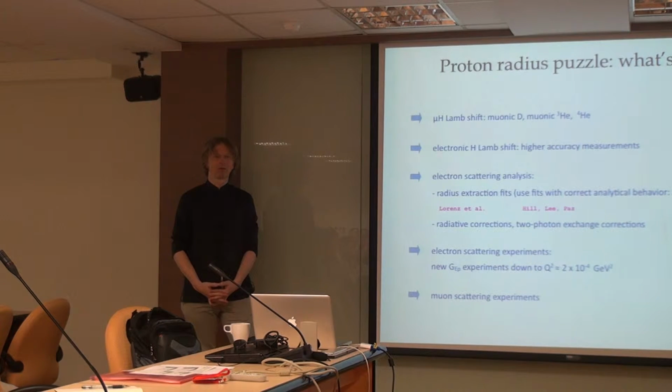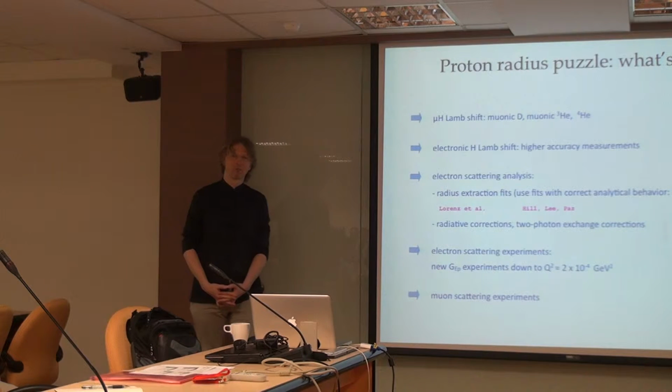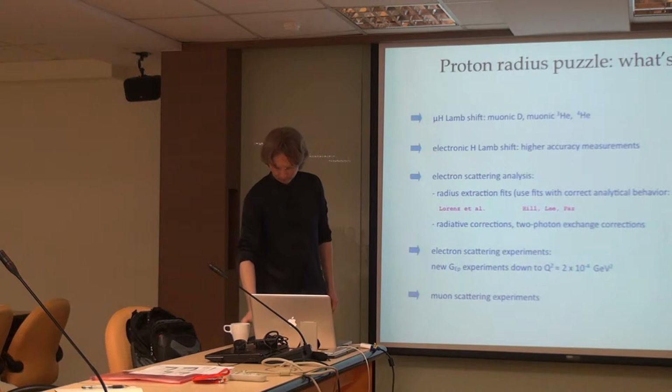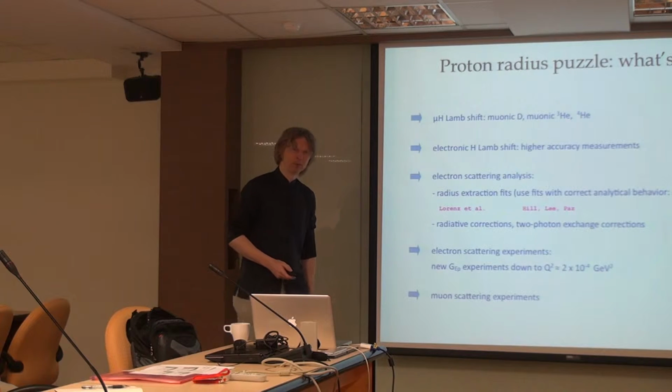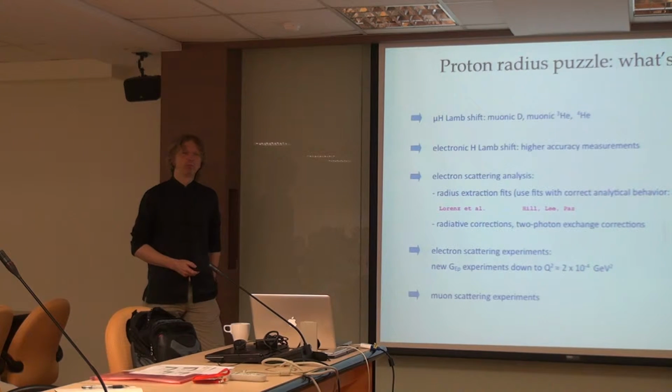Other questions? Could you give us some comment about the PSI experiment? They have the new experiment, not new, last year, and it seemed that they also extracted the magnetic radius, and the number coincides very well with the ep scattering.